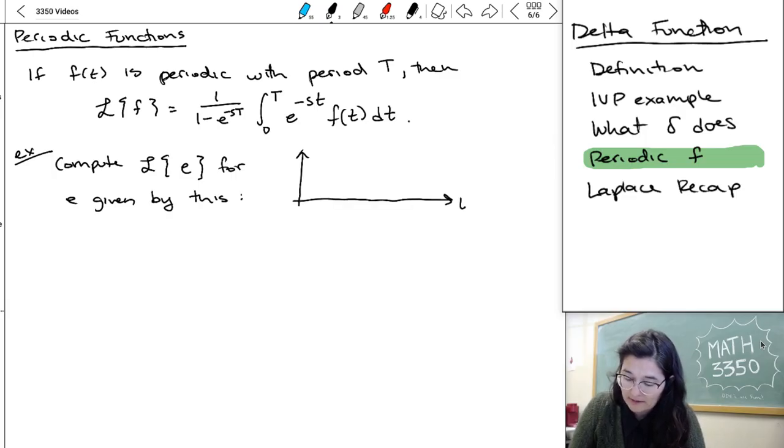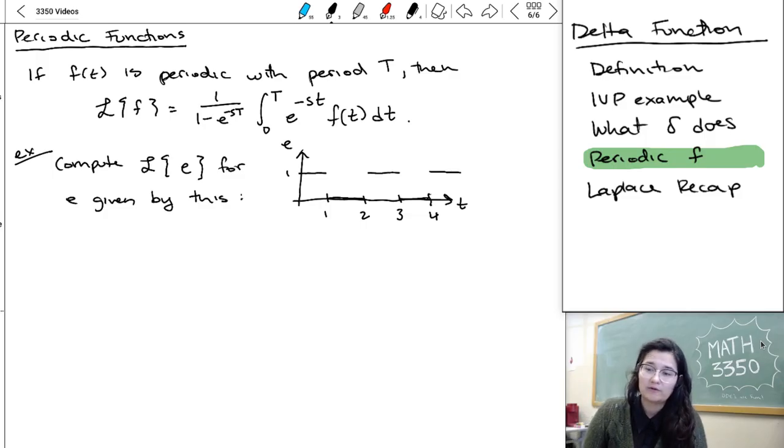And what it's going to be is that over time, e is going to jump between 1 for 1 unit time and then stay down at 0. Then go up at 1 for 1 unit time and go back down to 0. And it's just going to keep doing that over and over.